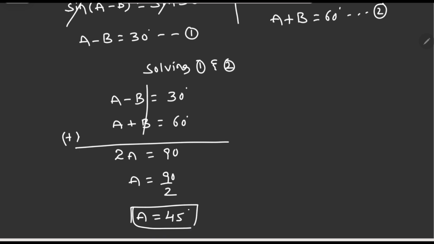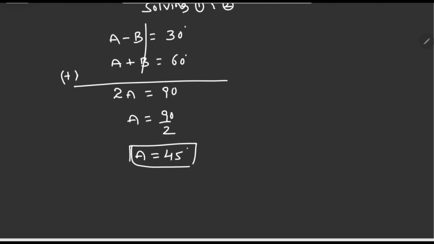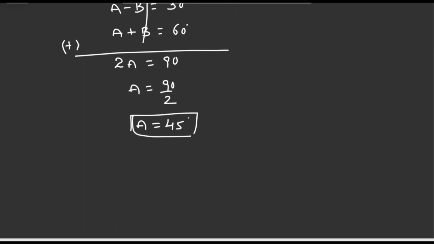Now we have to substitute the A value in equation 1 or equation 2. What is equation 1? A minus B is equal to 30. Now what is the A value? 45 degree minus B is equal to 30.